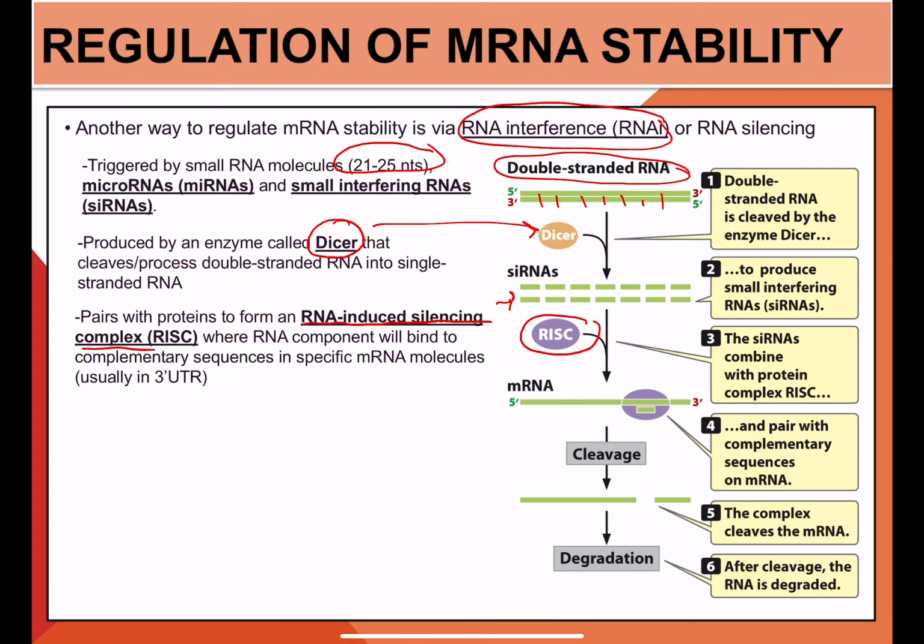Now, this is where the RNA component will pair and bind to its complementary sequence on its targeted mRNA molecule. Usually, where they bind is close by the 3' UTR region. So in this case, you have that short little siRNA here binding, which is part of that RISC complex. And both of these will then be targeted to that particular mRNA molecule.